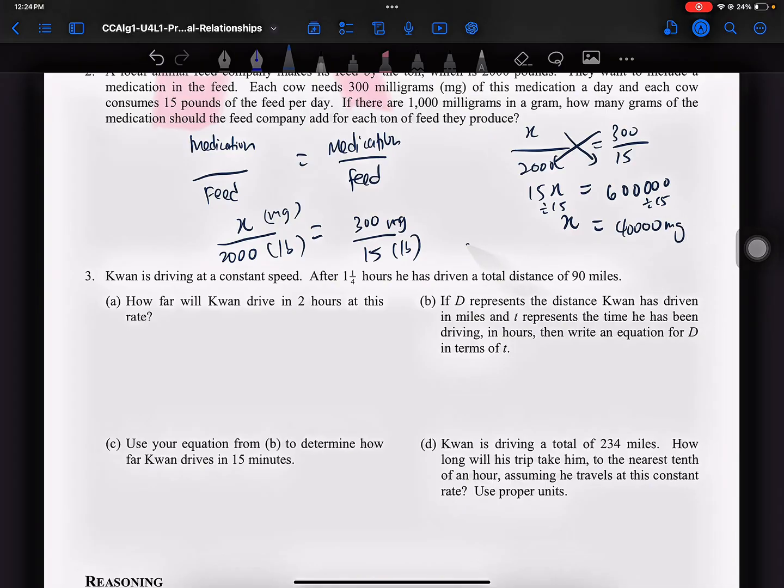So 1 ton, 2,000 lb of feed, contains 40,000 mg of medication. We already calculated it to find our x.